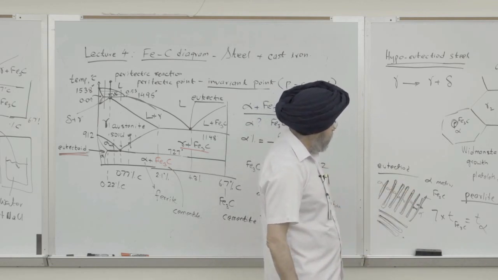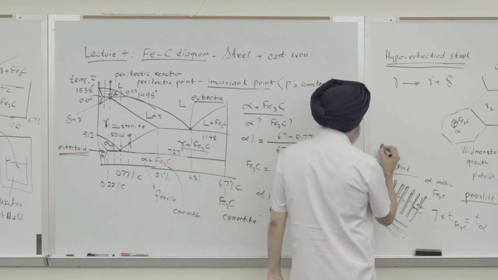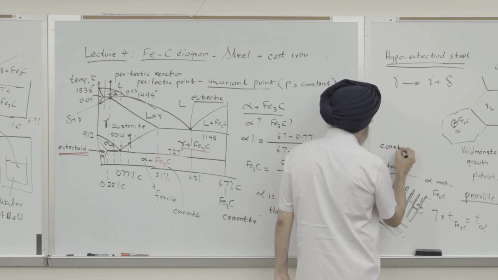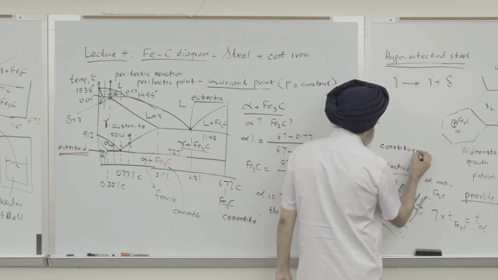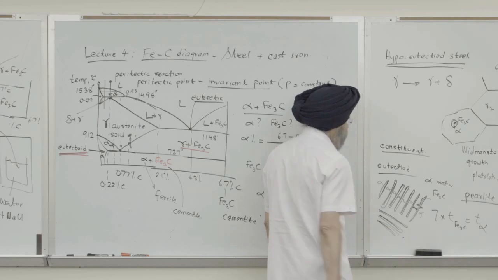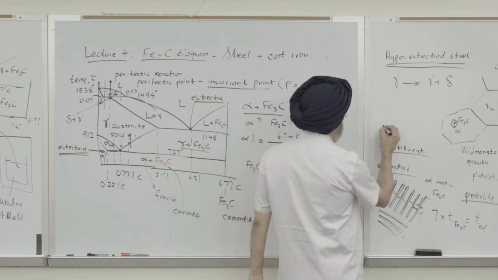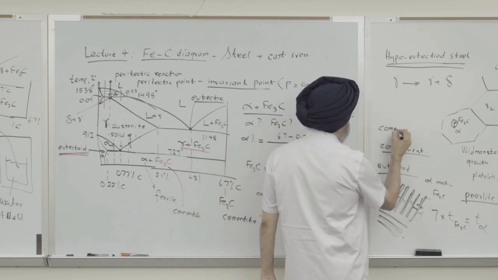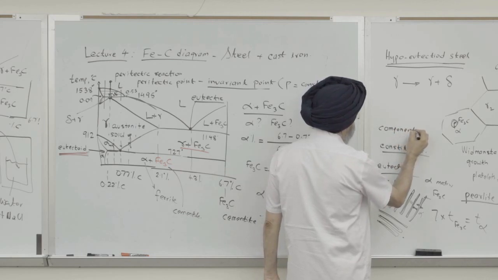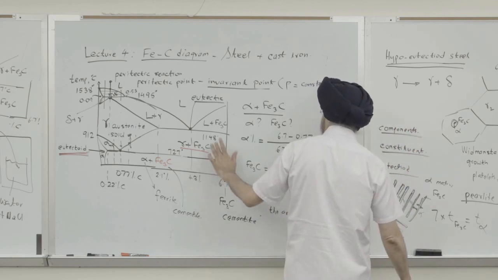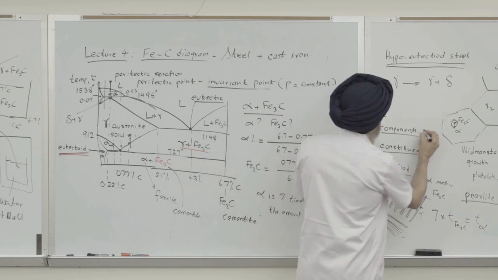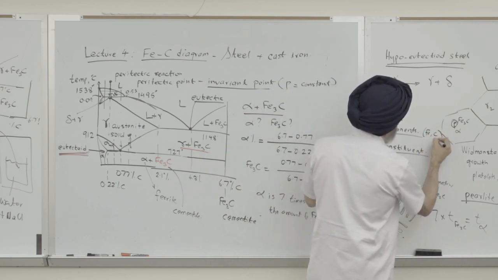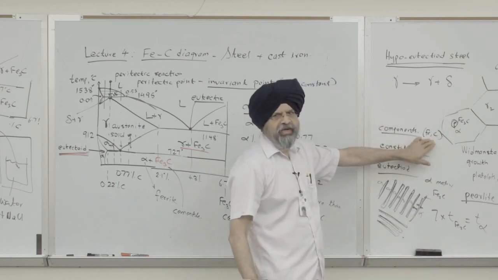So in this microstructure, what are the constituents? So this word constituent means something. Before that, let me just recap. What is a component? What are the components of the iron carbon diagram? So components are Fe and C. So those are two elements.